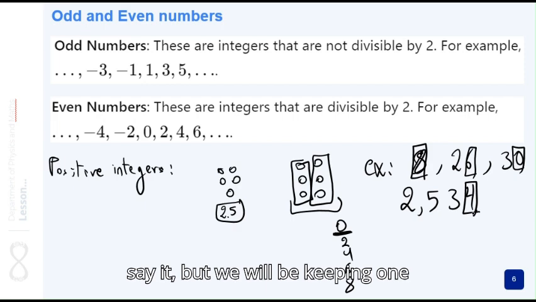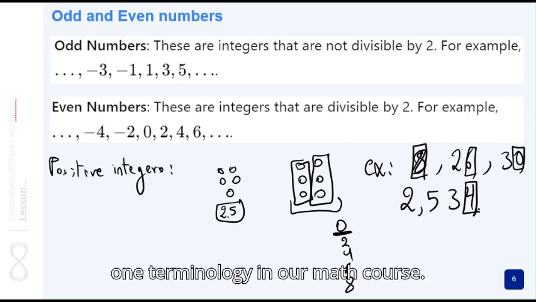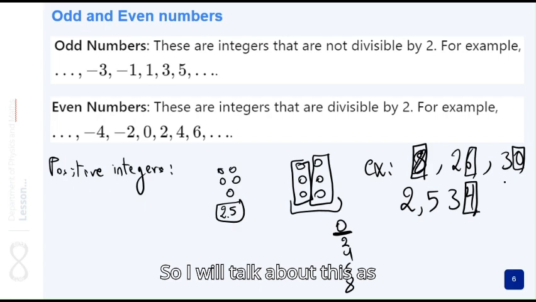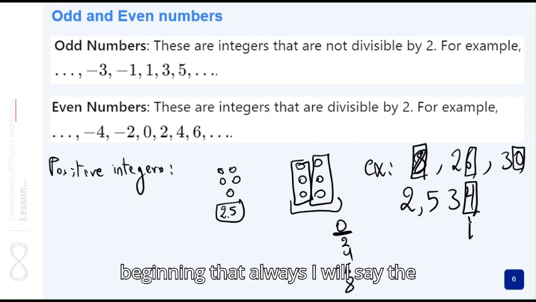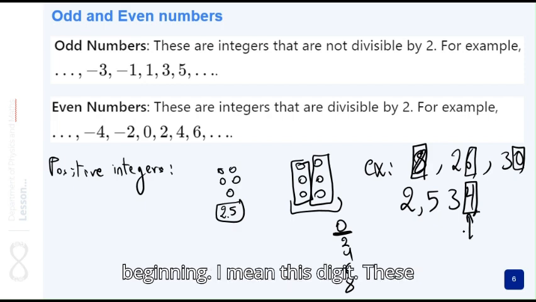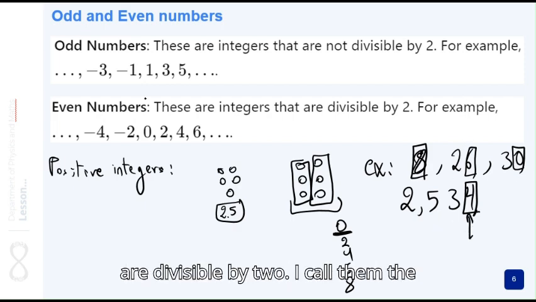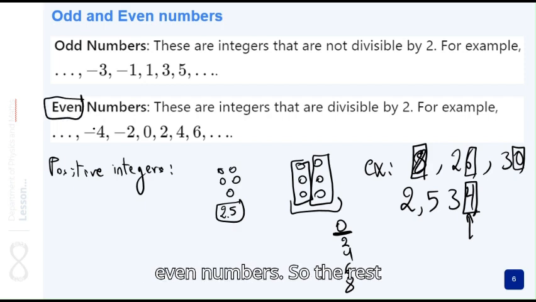We will be keeping one terminology in our math course. So I will talk about this as 402 and so on, and whenever I say the beginning, I mean this digit. These are divisible by 2. I call them the even numbers.